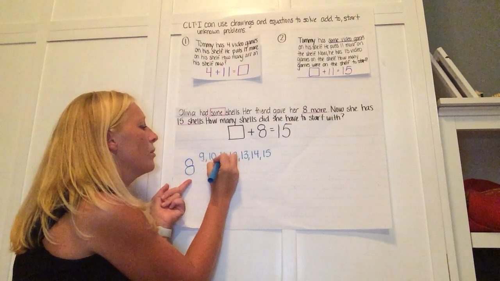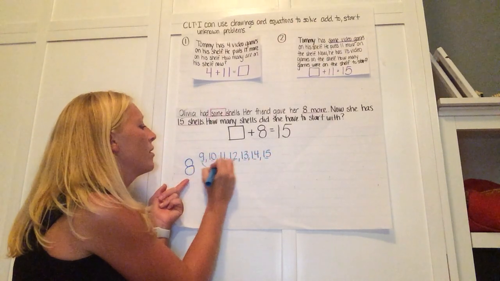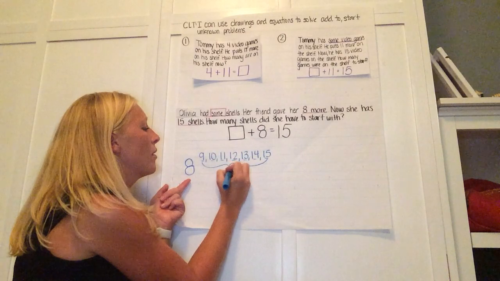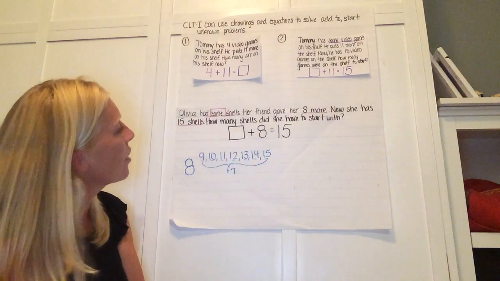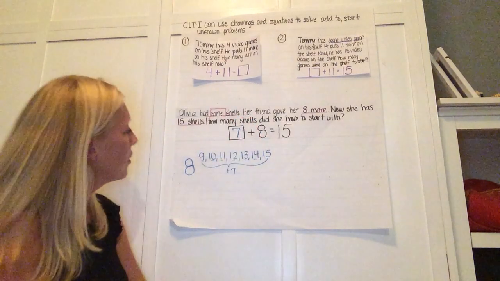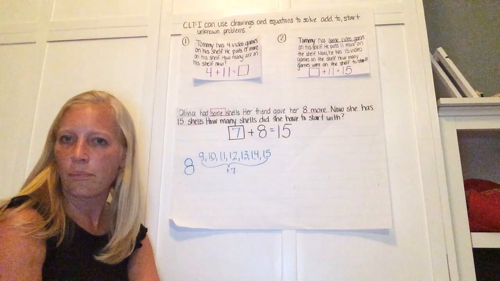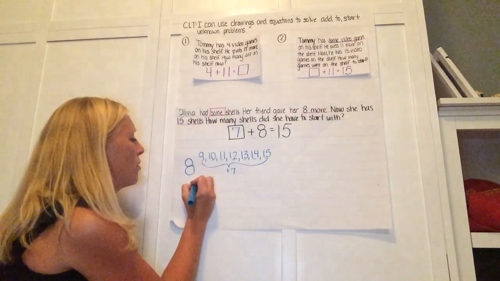1, 2, 3, 4, 5, 6, and 7. So how many shells did she have to start? Started with 8. So what equation did you write to match that work?